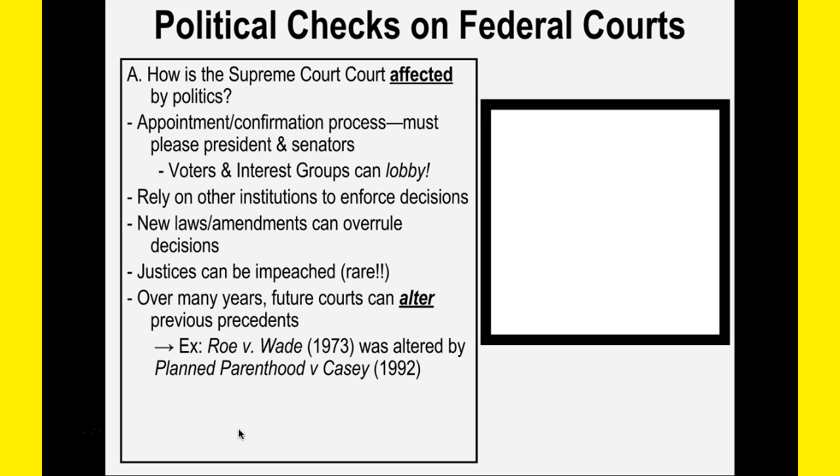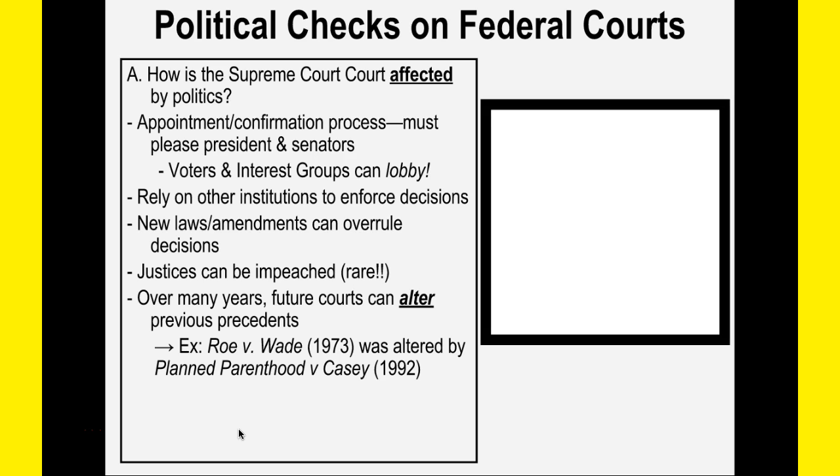And then one of the interesting things too is that over time you can have future courts alter the precedents made by earlier courts. So you look at Roe v. Wade, a really controversial decision, stating that abortion is something that women have the liberty to do because of privacy concerns. A lot of people didn't like it at the time.